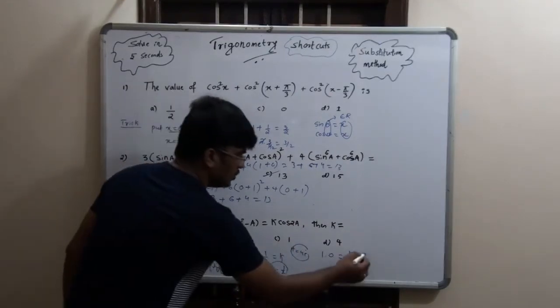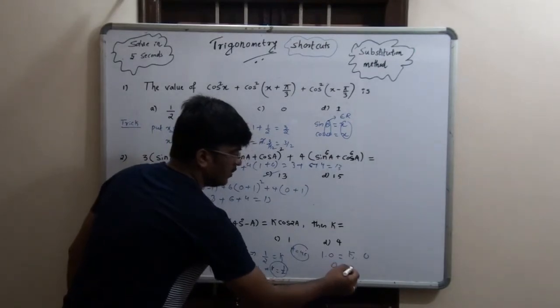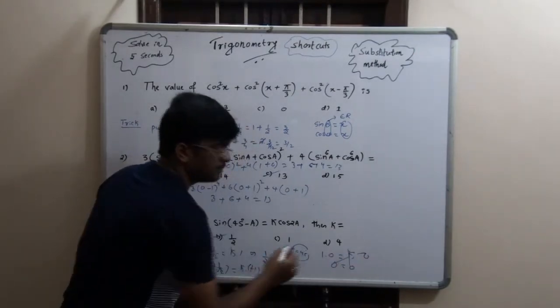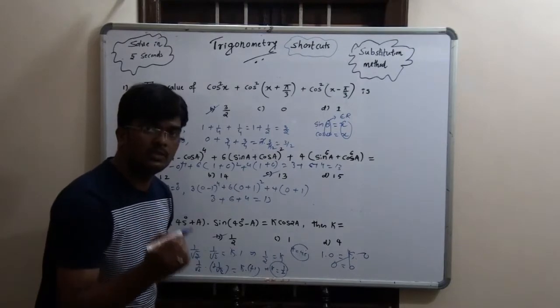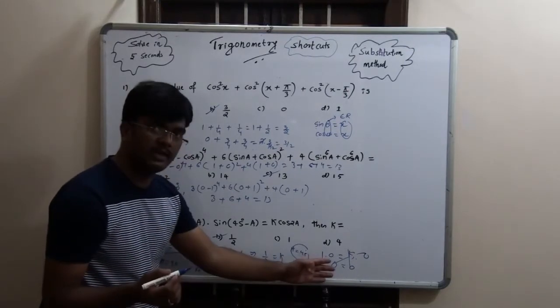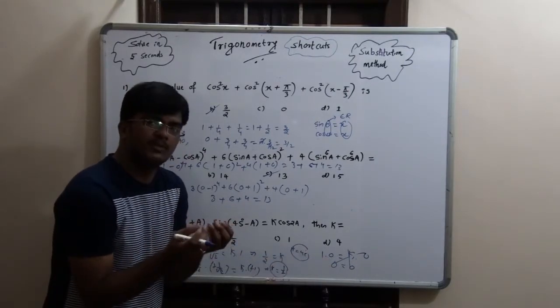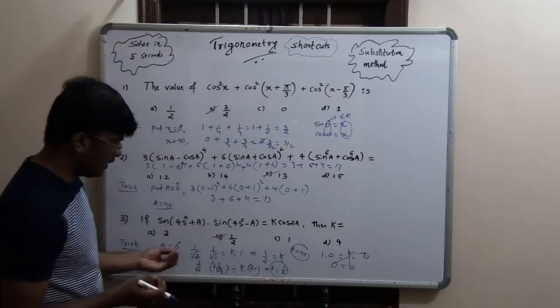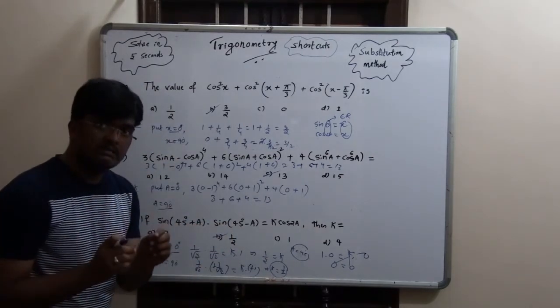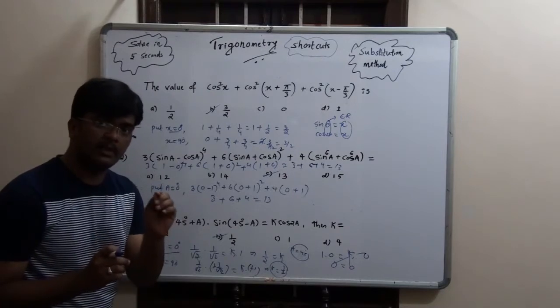Cos 90 value is 0. Here 1 into 0, 0. K into 0, 0. This kind of substitution is not valid, because you require the value of k, and it's not possible to get it here. Hence, you can choose the best possible value. Either you can take 0 degree or 90 degree. But the thing is, which will be easier matters a lot here.